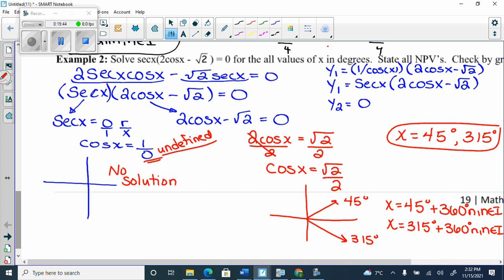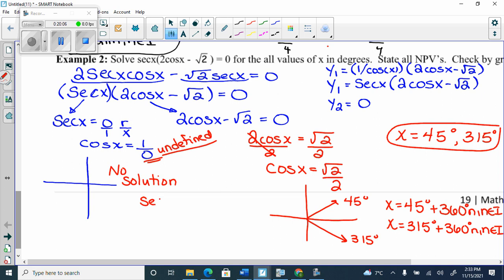And the only other thing here is state non-permissible values. What's my only issue on this one? Which is the only thing in that equation that will get me a denominator? Secant will get me a denominator, won't it? This up here, cos, that's fine, it's secant.